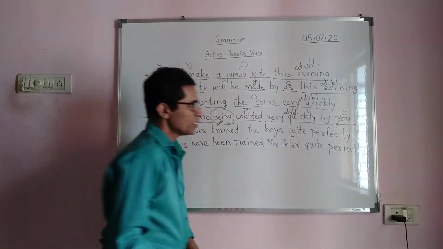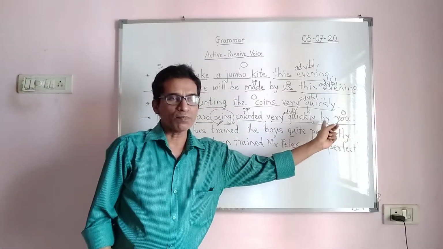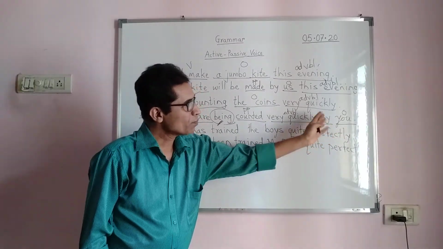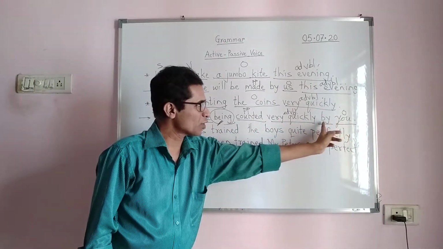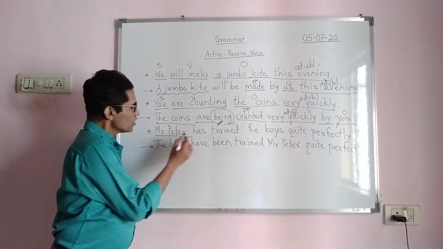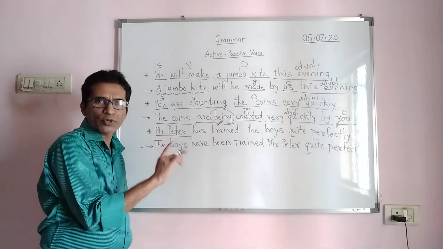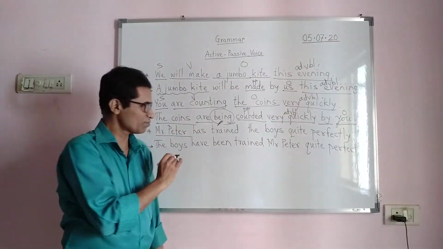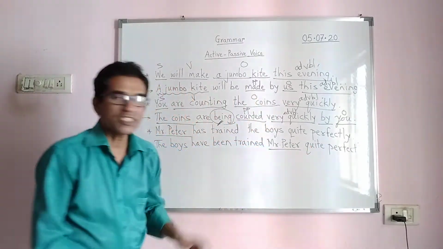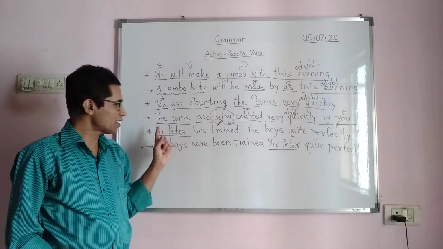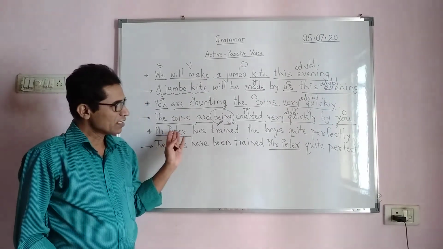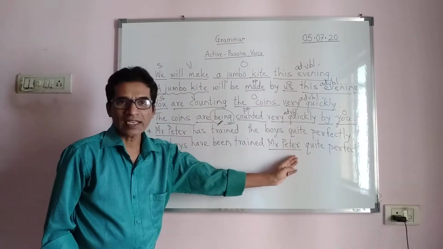By, agent word you can call it by, it's a preposition here. Okay, it shows by whom the action was done. Okay, by you. Here, look here, the subject here is not a pronoun, it is a noun. That is why in passive it is repeated. When the subject in active voice is a noun, it is repeated in passive as object.